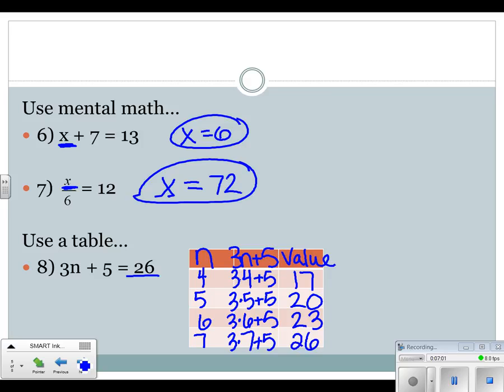So we see in our table, here's what we want. So our n is 7. So a table is a way to organize our values as we guess and check. In number 7, we didn't show the guess and check. I just said what number divided by 6 is 12, and I said, well, it's 72 because I knew that. Whereas if you don't know that, then you can make a table.